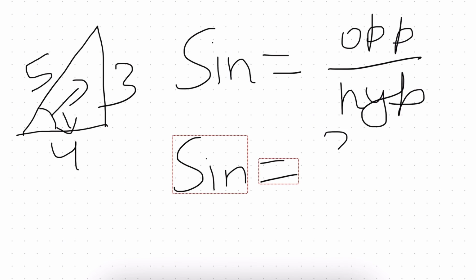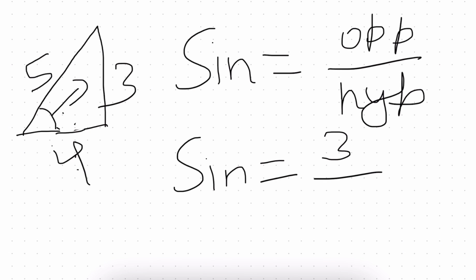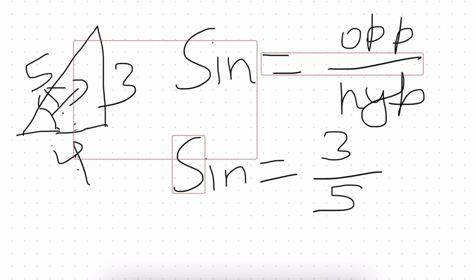The opposite is 3 and the hypotenuse. This is not the hypotenuse. Give me a second. Yeah, so this is our hypotenuse. My bad. So this will be the value of sine.